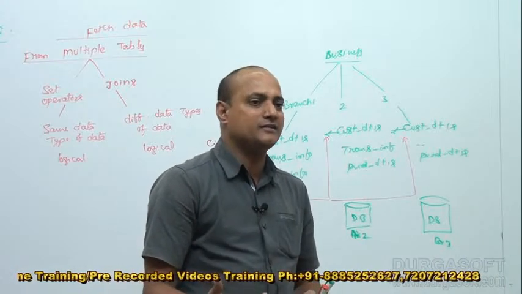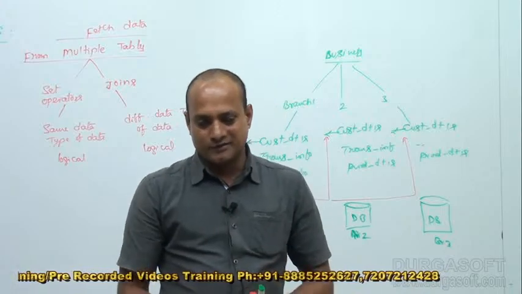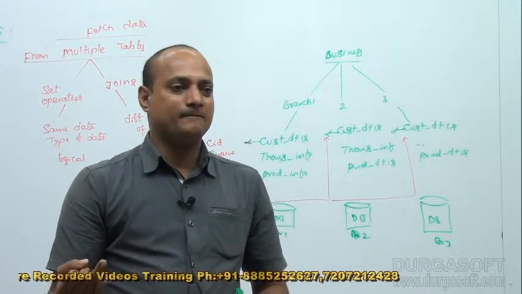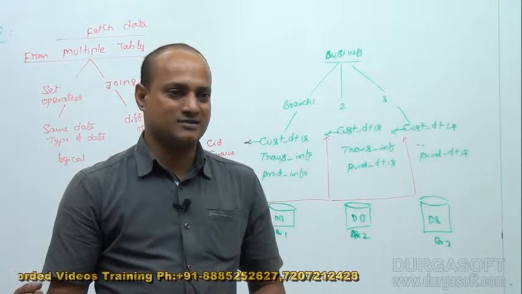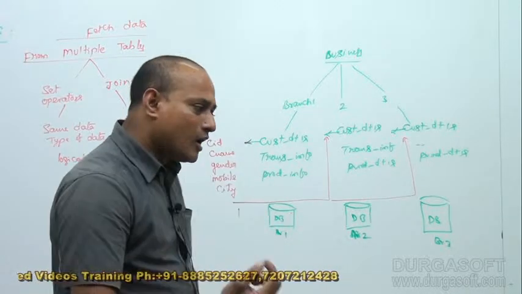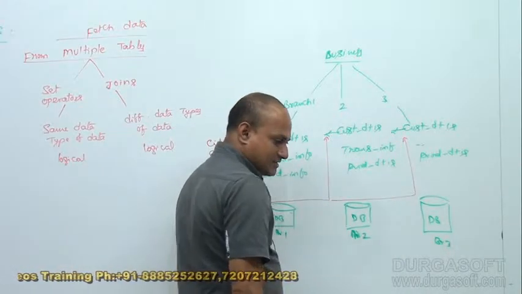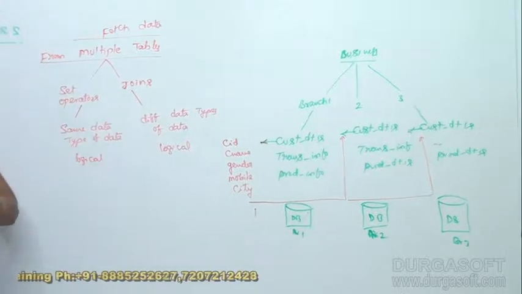In any way they will send the offers to the customers. Before sending the offers, they need to collect the customer mobiles, mail IDs, and gender, because according to gender they have different types of offers. So how will they collect customers information from all branches? That is done by using set operators.